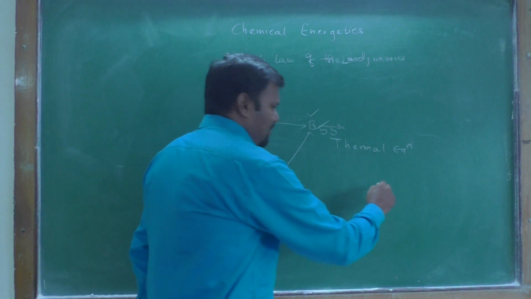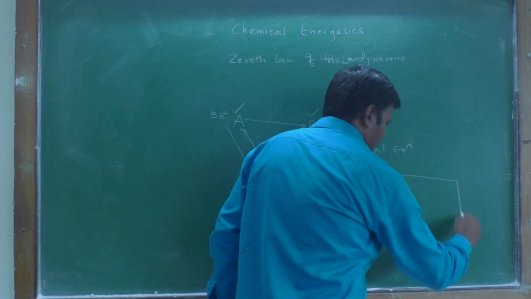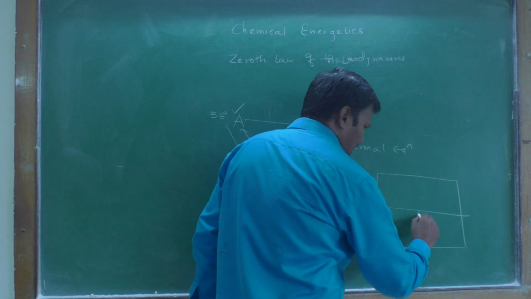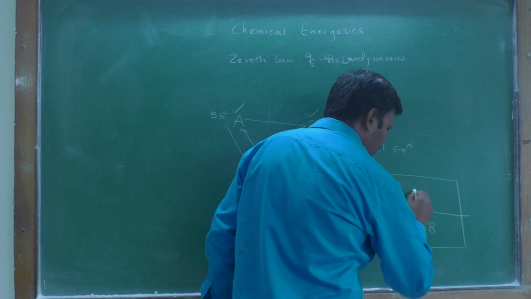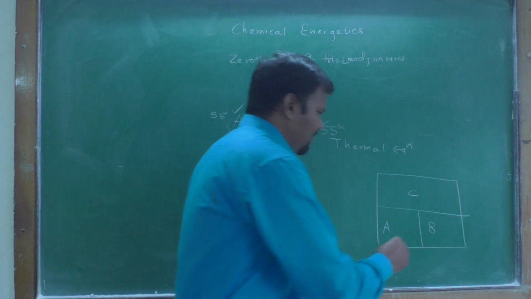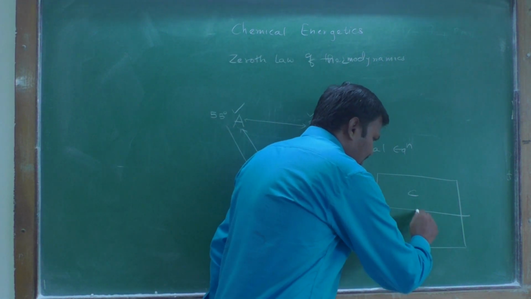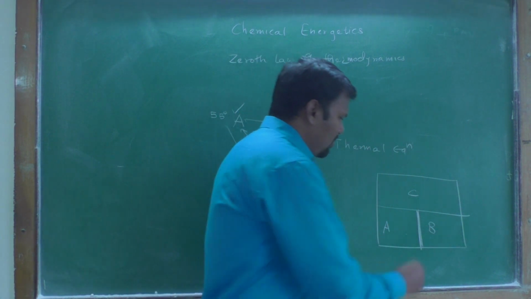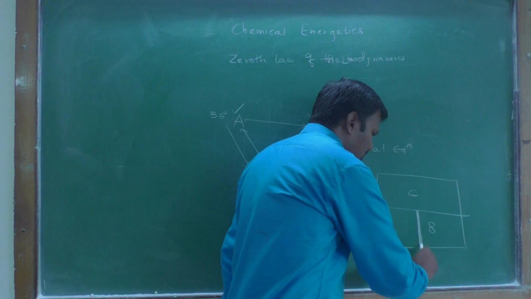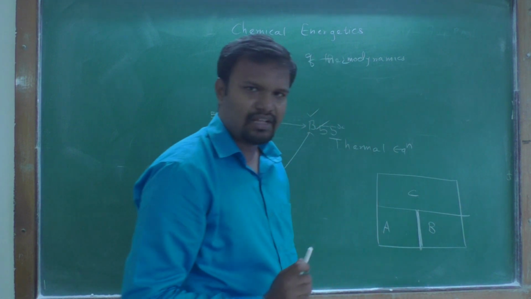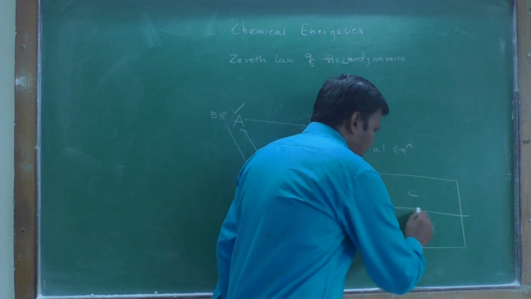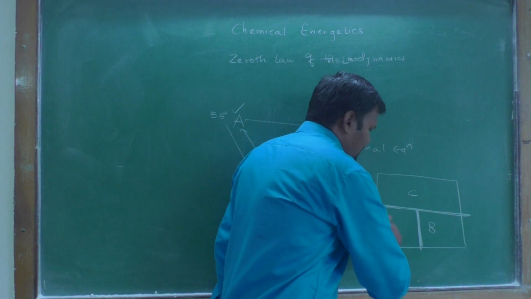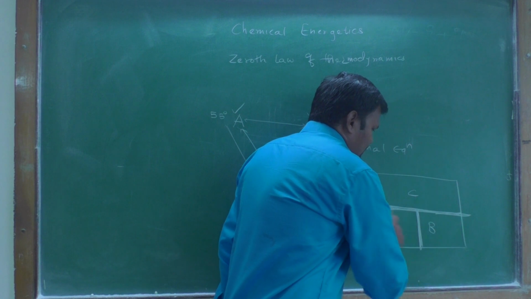Suppose there is one example. There is a system A, a system B and a system C. Systems A and B are separated by a non-conducting separation, but A and B are each connected with C by a conducting separation.